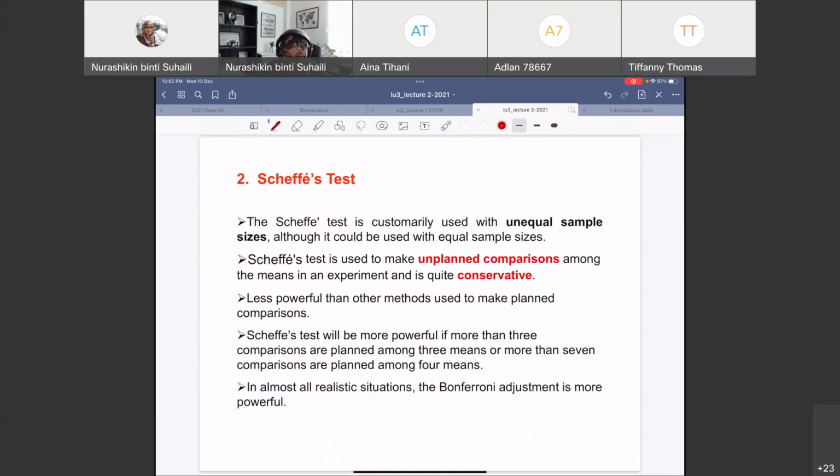Schaeffer test is used with unequal sample size. Less powerful. The reason why the first 2 tests are not used is because the test might not be perfectly designed. Okay, so there are some weaknesses. It might not be strong. In statistics, when we use certain tests, it is because that test is capable of giving a better picture.